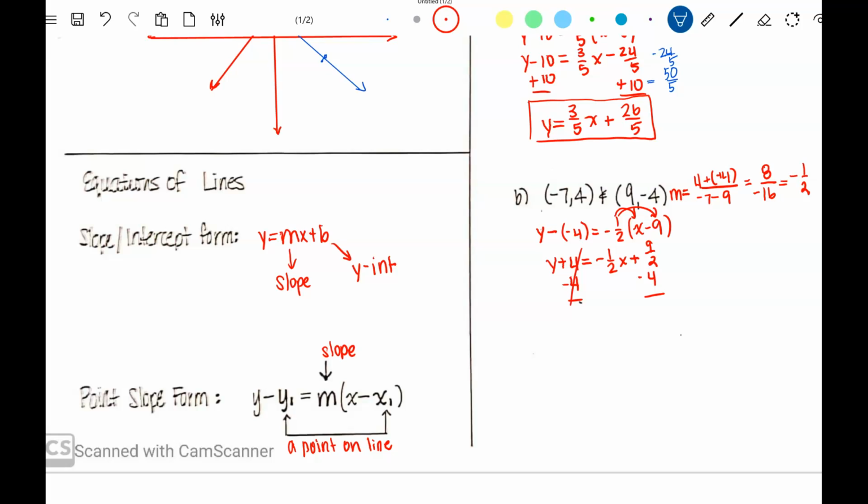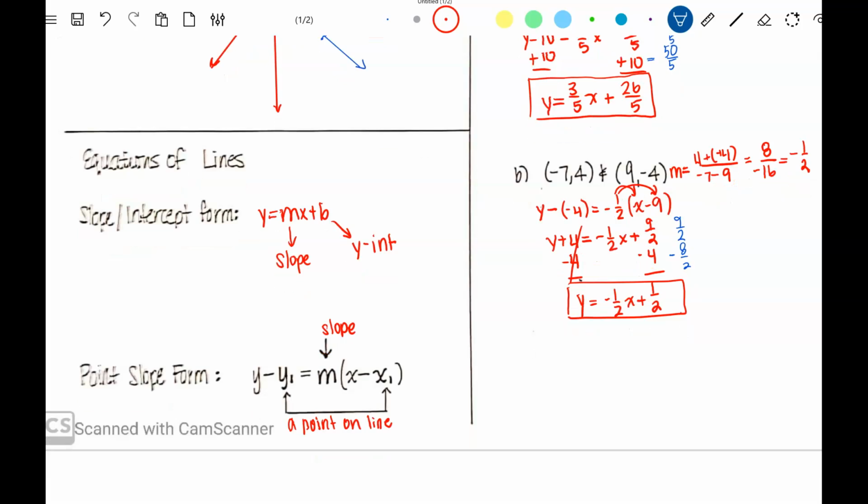So my equation is y equals negative 1/2 x plus 1/2. That's because 4 is 8/2, and I have 9/2 minus 8/2, which is 1/2. So here's our equation in slope-intercept form.